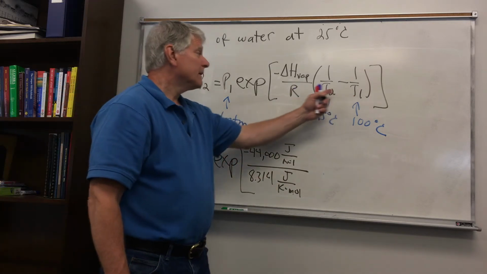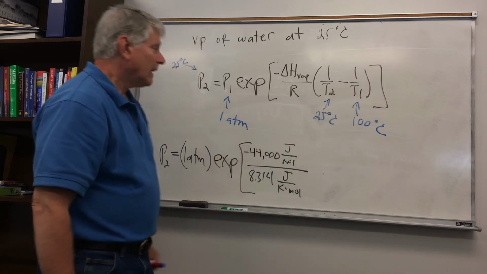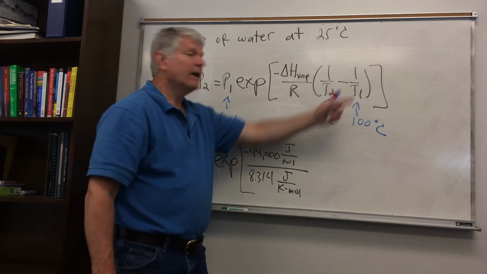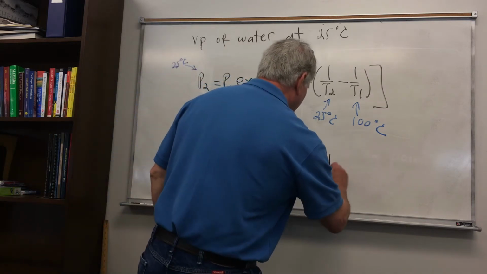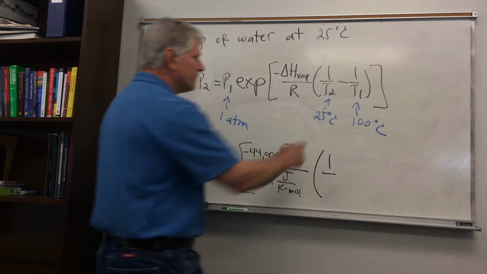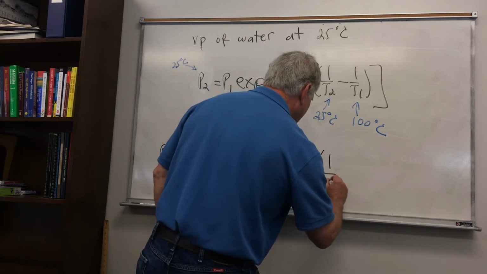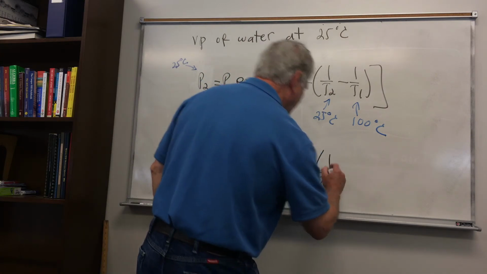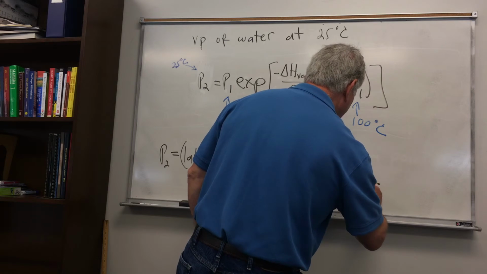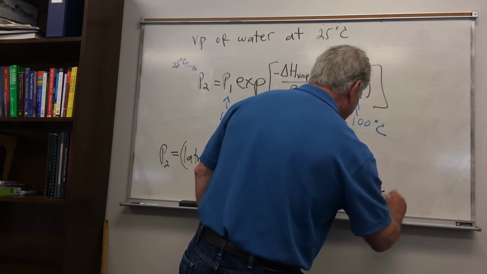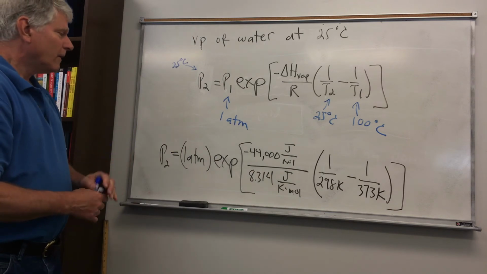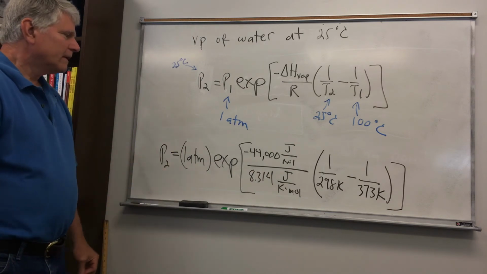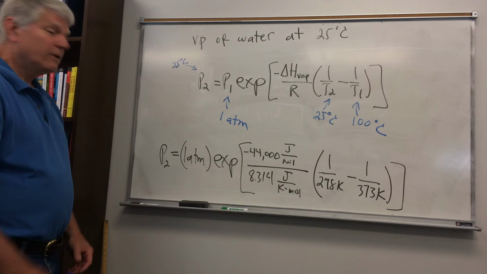So when I put temperature here, I have to put them in Kelvin to match the unit in R. So I'll have to put these temperatures in Kelvin. So I'll have T2 is 298 Kelvin, and T1 is 373 Kelvin. Okay, so now I put in numbers, I can calculate the vapor pressure, P2.